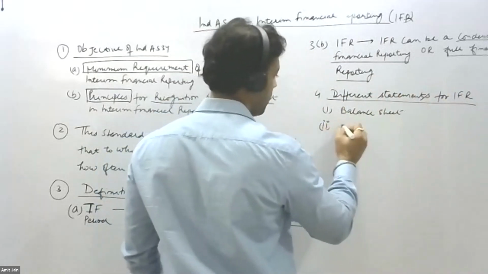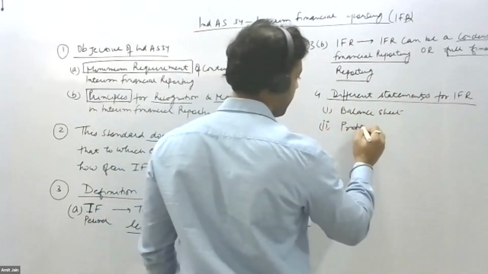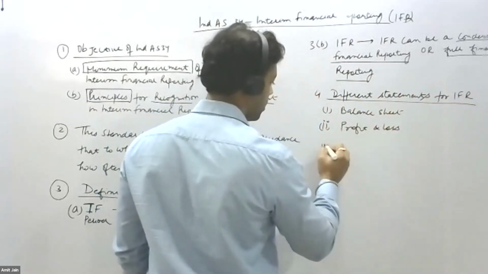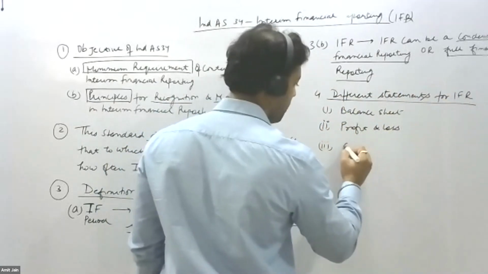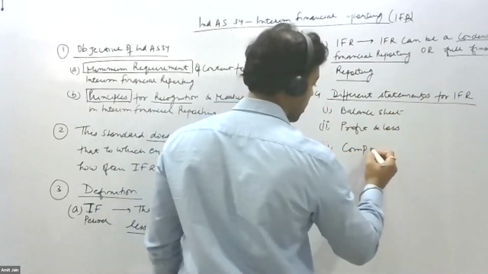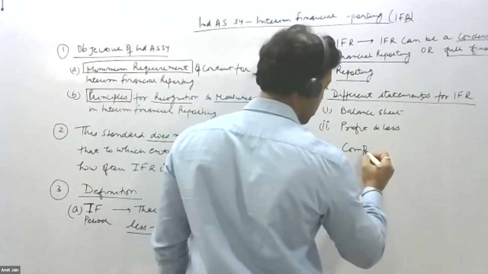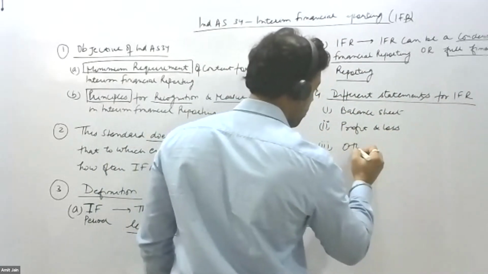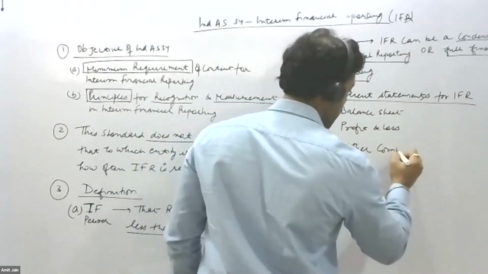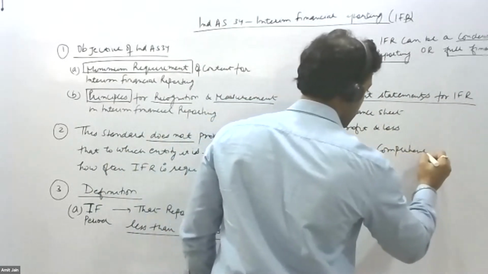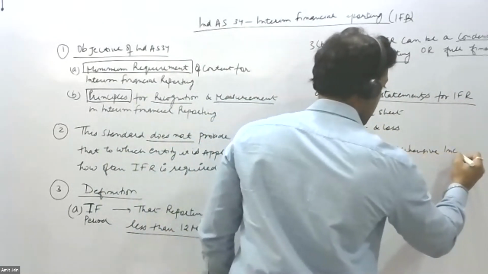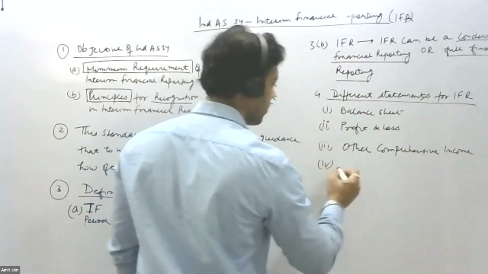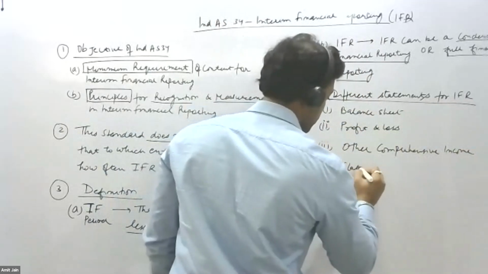Second, we need to prepare the profit and loss. Third, we need to prepare the other comprehensive income. Fourth is the statement of cash flows.